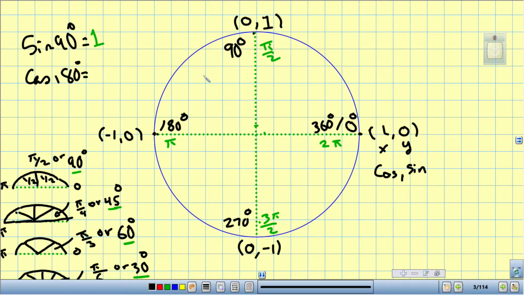Very interesting. How do I get that? How do I get cosine 180? How about the rest of us, you guys?